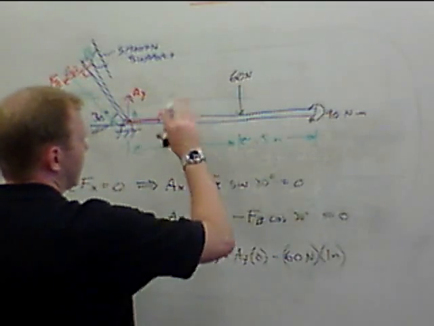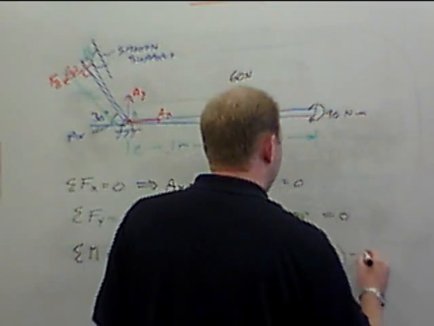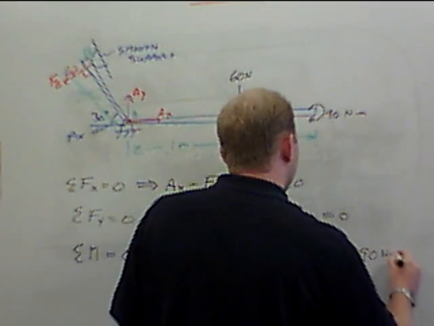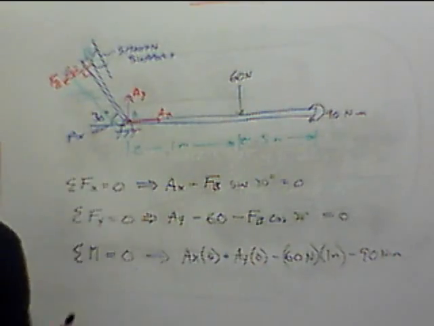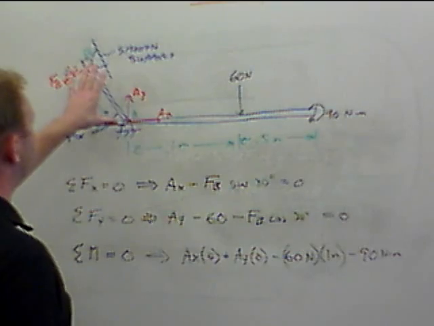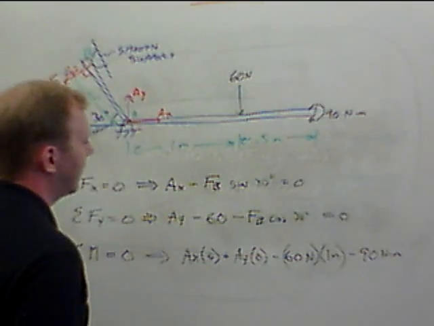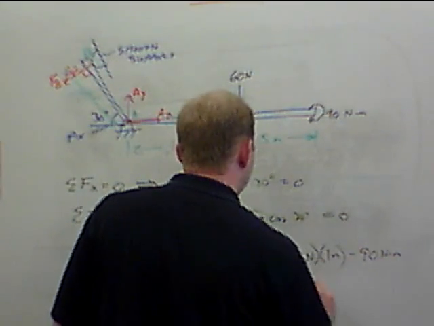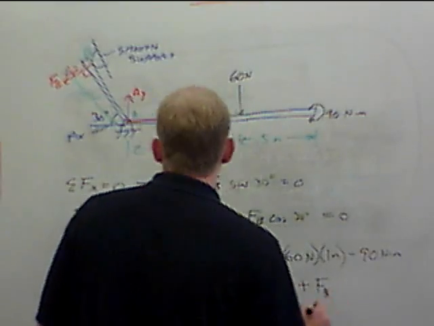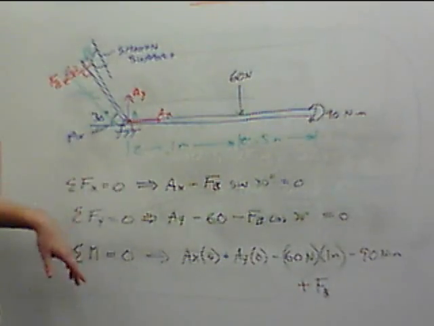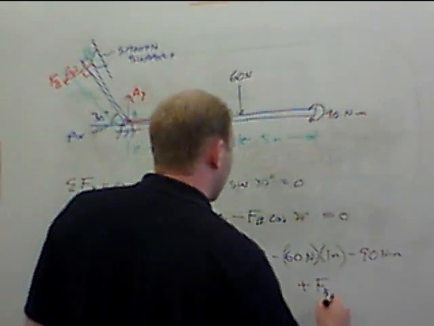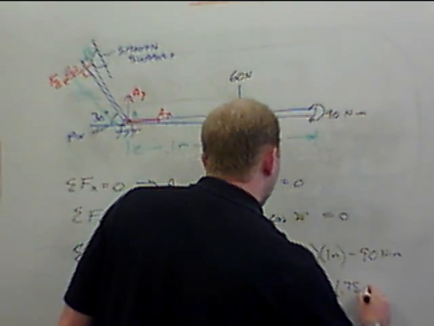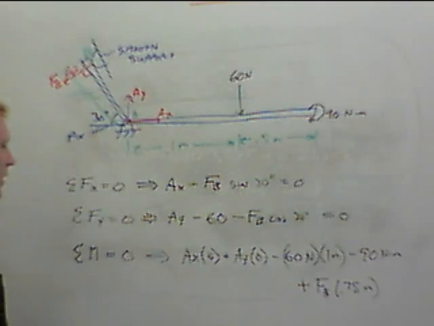Okay, so that's going to be 60 Newton meters. We have this, which is minus 90 Newton meters. We have one more term here. We have this FB, which is causing a counterclockwise moment. So that's plus FB. We don't have to worry about X and Y here because the perpendicular distance is just this 0.75 meters. Okay, and this equals 0.